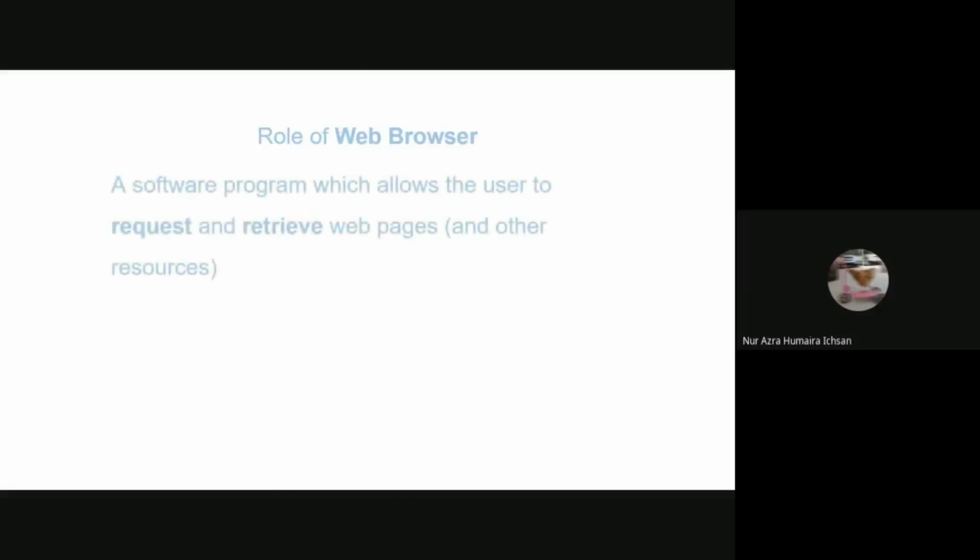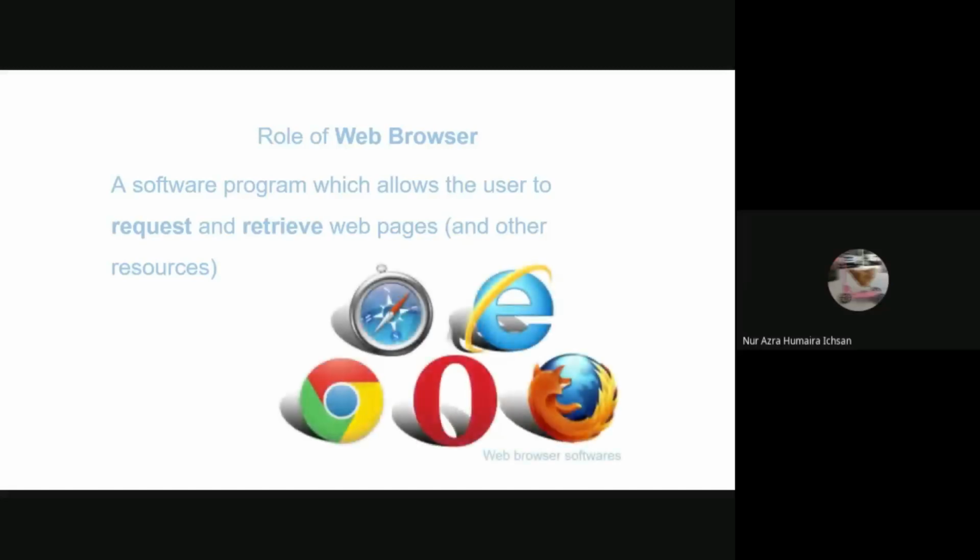A web browser is a software program which allows the user to request and retrieve web pages and other resources. An example of a web browser is what we use every day, also known as the software clients, where they request data from the web server.